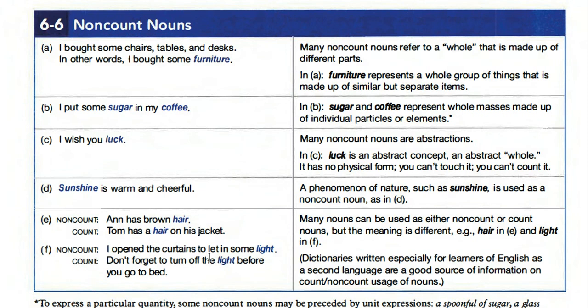So I open the curtains to let in some light. Here the meaning is the light of the sun or the light of the day, and that's why I cannot count it. The light of the sun, or the light that you can recognize during the daytime, cannot be countable. You understand?